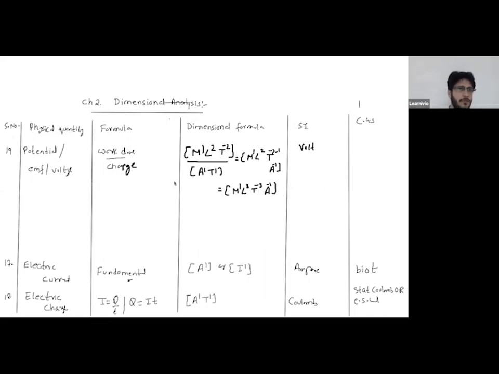The next is after potential. Just calculate the dimensions of resistance. Resistance is simply the ratio of voltage and current.